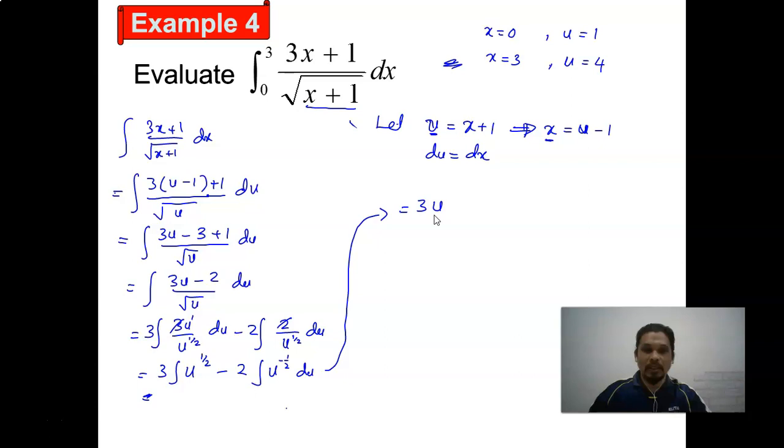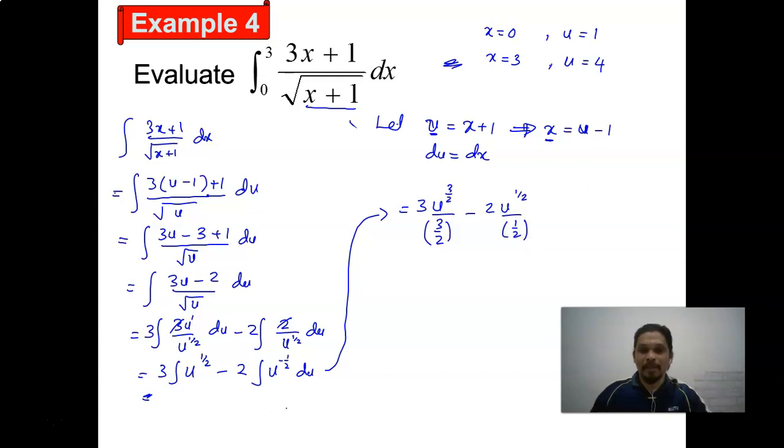u to the power of half plus 1, half plus 1, or half plus 2 over 2, which is 3 over 2, divided by 3 over 2. Minus 2, and the integral of this means half plus 1, we come out with u to the power of 1 over 2 divided by 1 over 2.